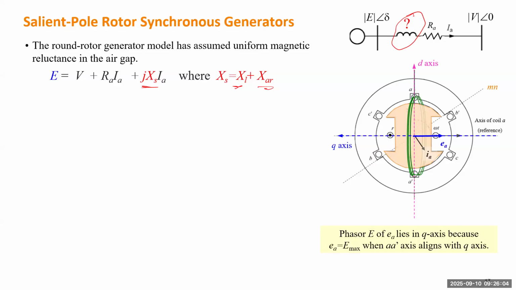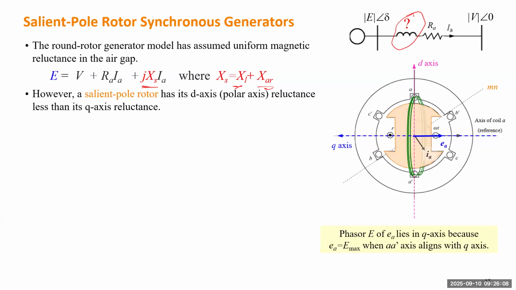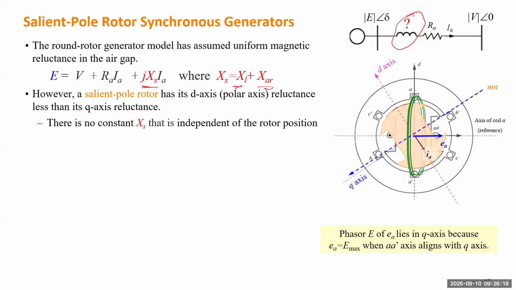So how do we model them for a salient pole rotor generator? We can model the equivalent reactance in two directions. One is in the D axis, the other is in the Q axis. So when the rotor is revolving, if we stay on the winding A, sometimes we'll be seeing the largest air gap.